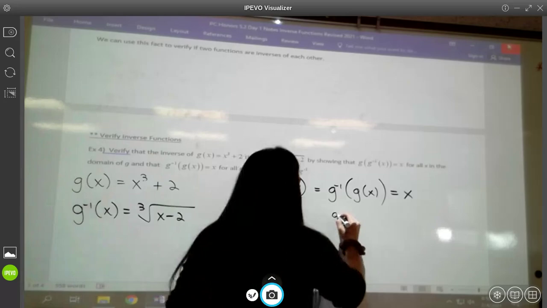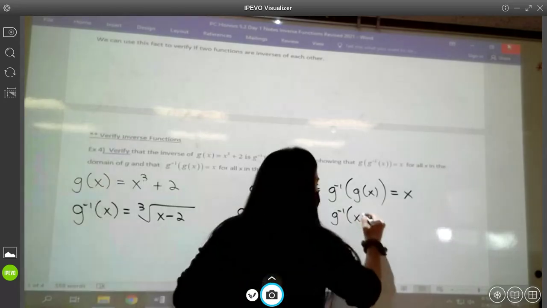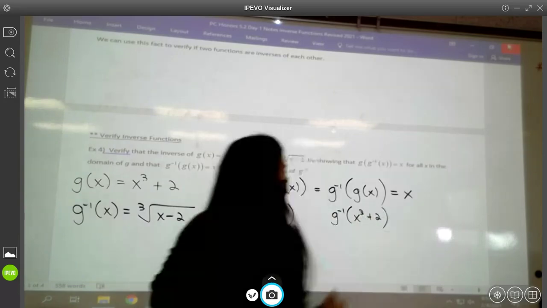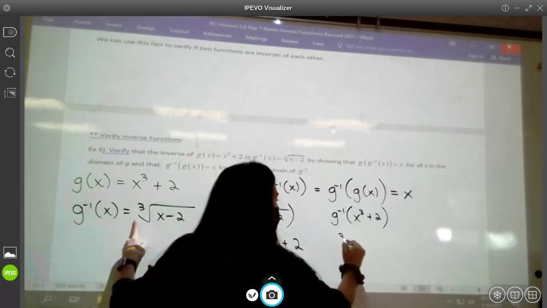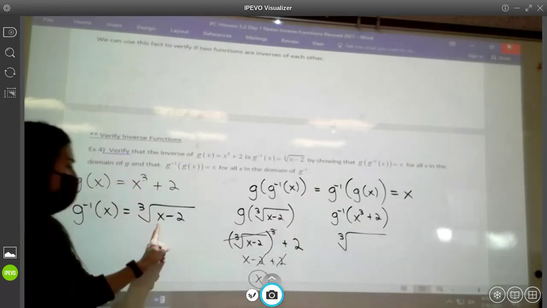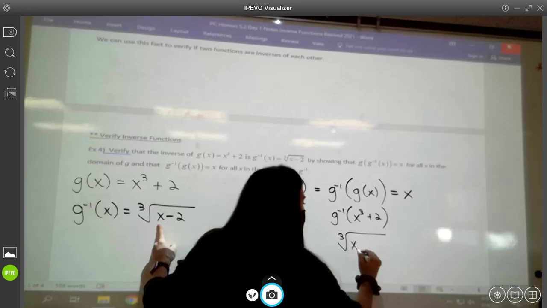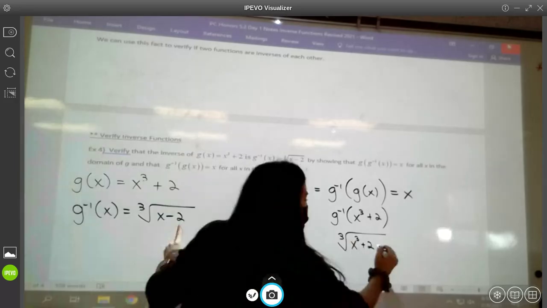Now let's plug the original function, which is x to the third plus 2, into the inverse. So go to the inverse. It starts with the third root of, take x out, put x to the third plus 2 in. And then don't forget the minus 2 that's still under the radical.